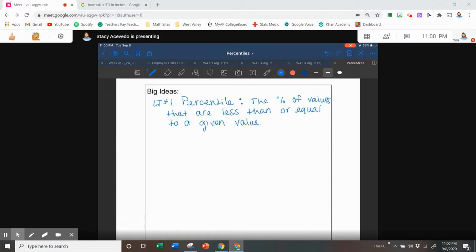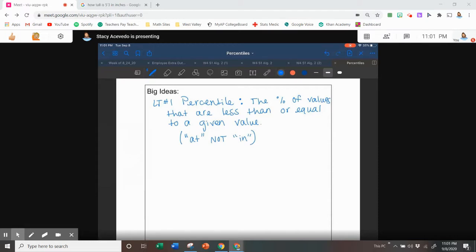Another thing when we're expressing percentiles or writing about them, don't say in percentile, but say at. So at percentile blank, but don't say in. For writing, say at and not in.